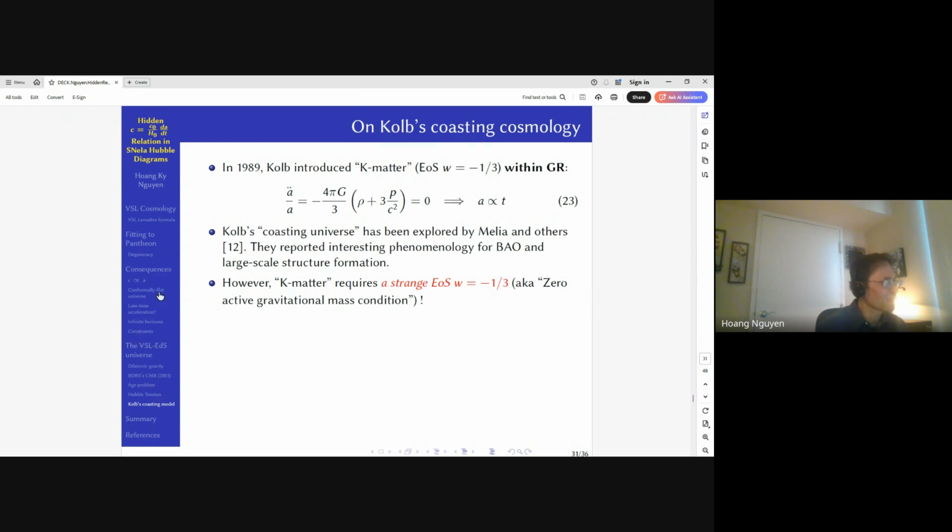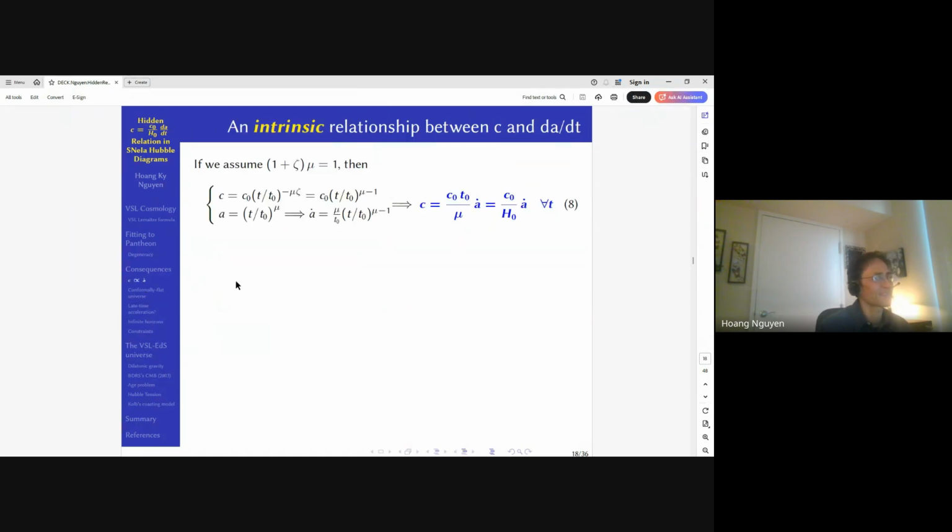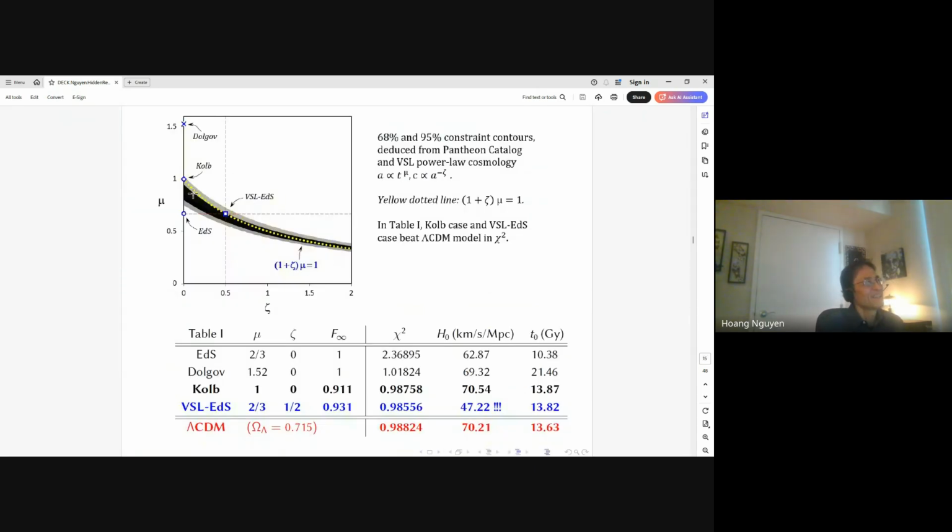However, let me go back to this case. All right, this is the Kolb case. But you see that the Kolb case and the EdS case, what I'm doing here, are all gamma degenerate along the line. Suppose this one is theoretically correct, suppose so. So they are related. That's my point.